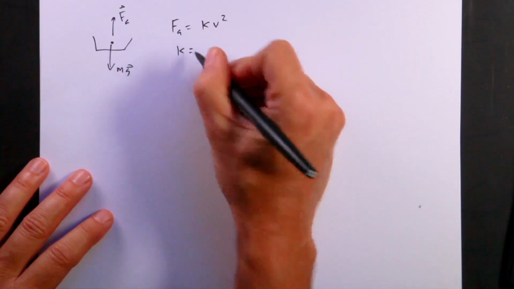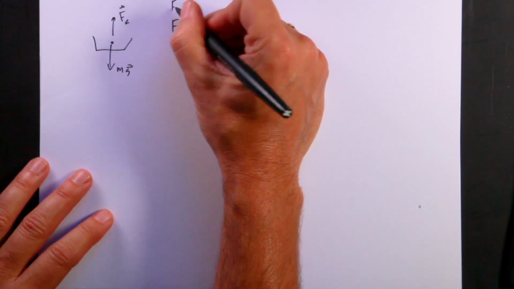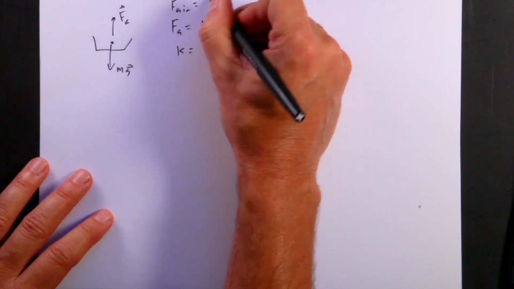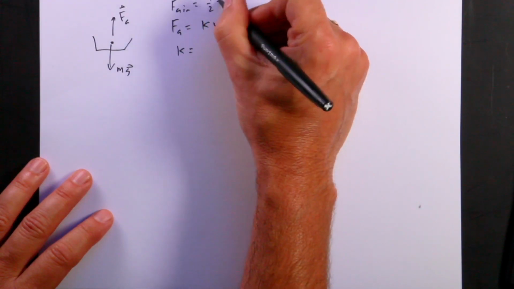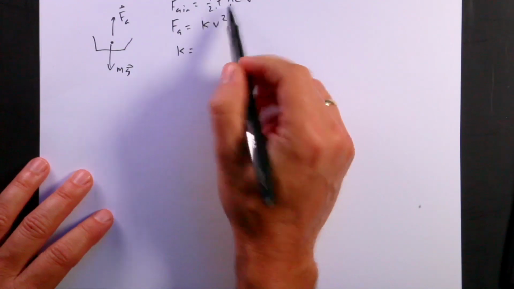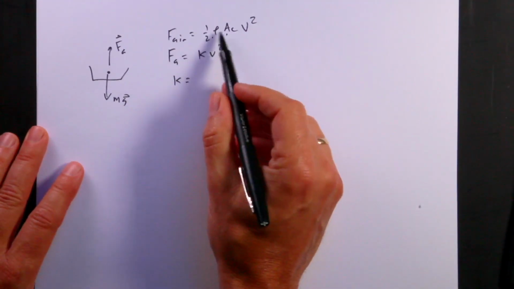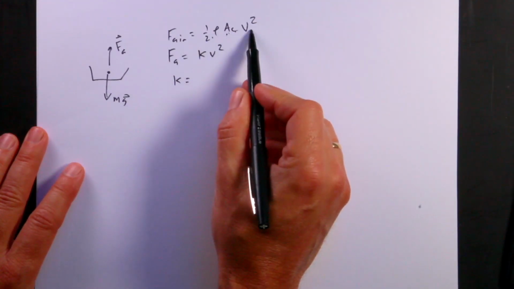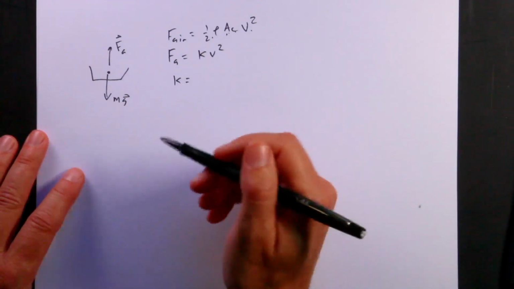You could also write F_air = 1/2 ρ A C v², where ρ is the density of air, A is the cross-sectional area, C is the drag coefficient, and v is the velocity. But it's in the opposite direction of the motion.